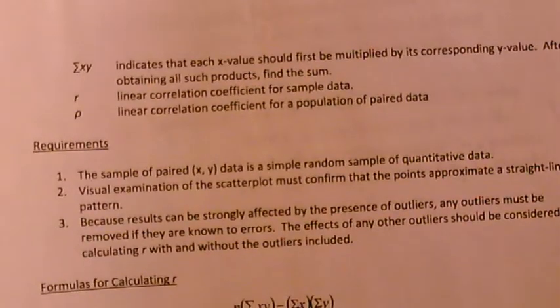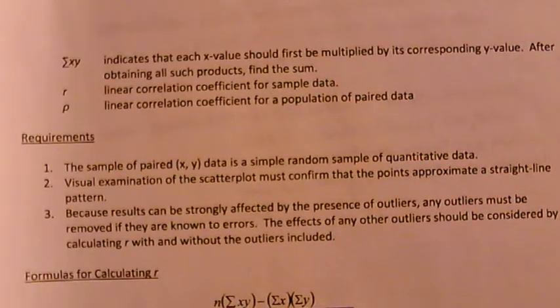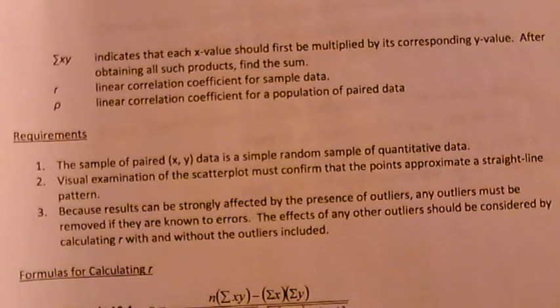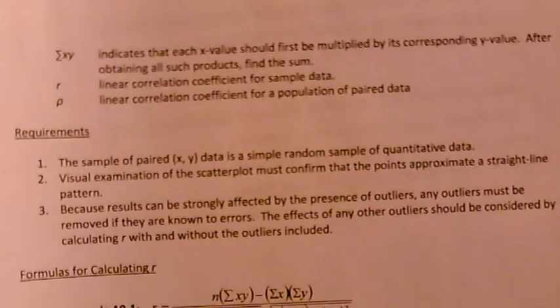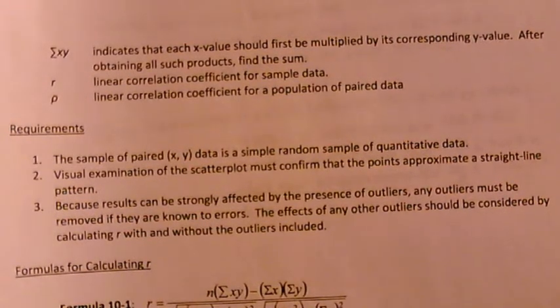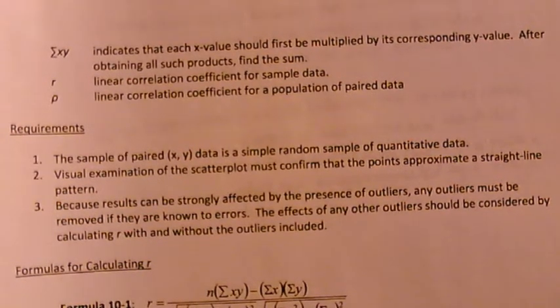First of all, let me give you the requirements for calculating a linear correlation coefficient. Number 1, your sampled paired data, x and y, is a simple random sample of quantitative data. If you recall, quantitative data is nothing but numerical data.